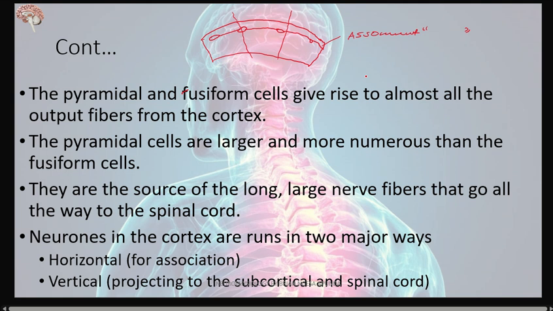We have those that have vertical projection, and by far we've suggested these are the pyramidal cells and the fusiform. So the majority of the cerebral cortex is likely to have the pyramidal cells, both at layer 3 and layer 5.